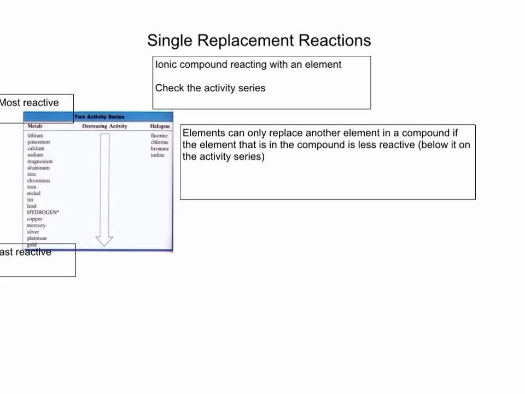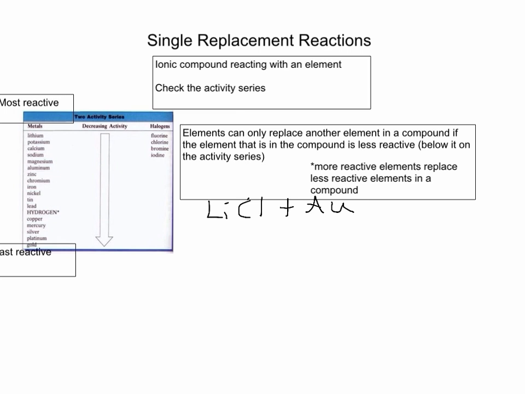Let's look at an example and see if this rule applies. The first one we're going to look at is lithium chloride plus gold. We first check, do we have an ionic compound with an element? We have an ionic compound, a metal and a nonmetal, and we have an element. Good. So we know a single replacement reaction could occur. Now we have to check the activity series.